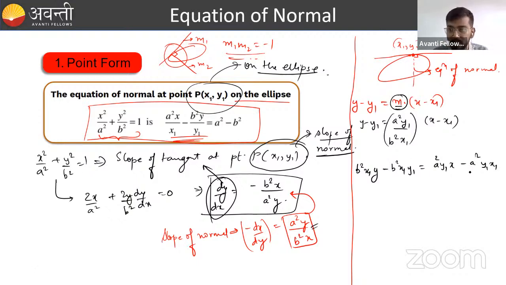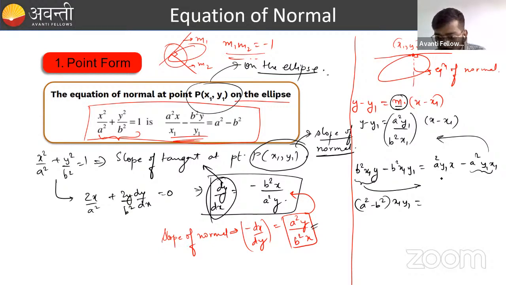Correct? Now I'll shift this term on the left, and I'll bring this term on the right. So it will become a square minus b square into x1 y1 equals to, this becomes a square y1 x minus b square x1 y. Correct? Now we will divide both sides by x1 y1.